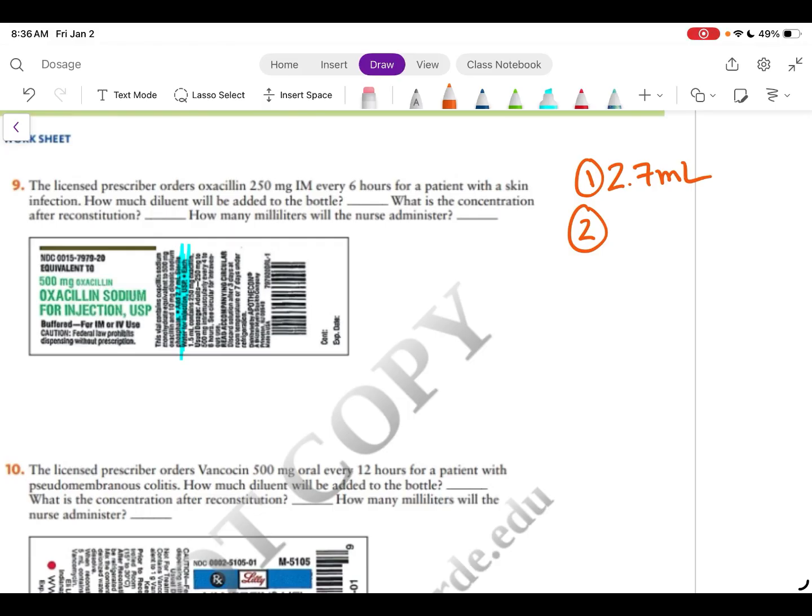Let's read the label. I think it's just below it. Each 1.5 milliliters contains 250 milligrams of oxacillin. So our concentration is 250 milligrams per every 1.5 milliliters.